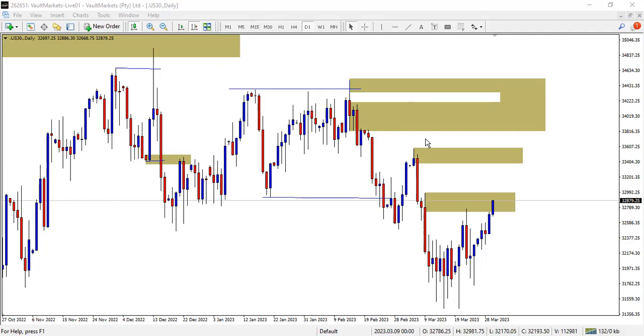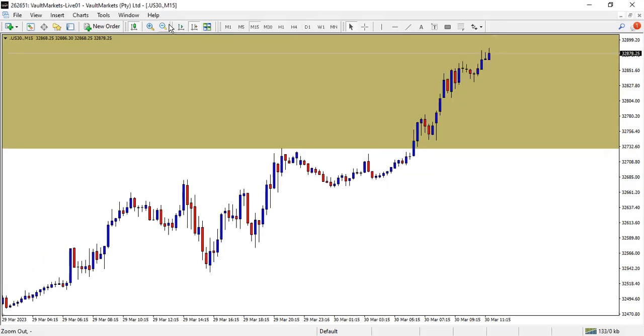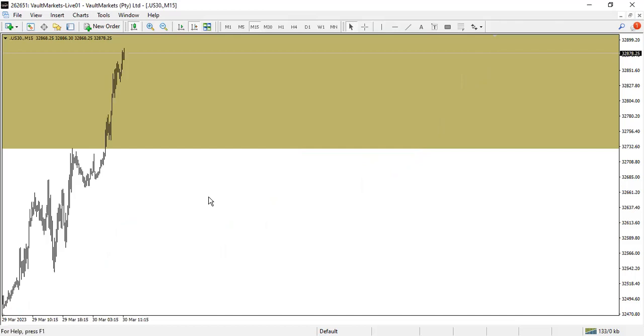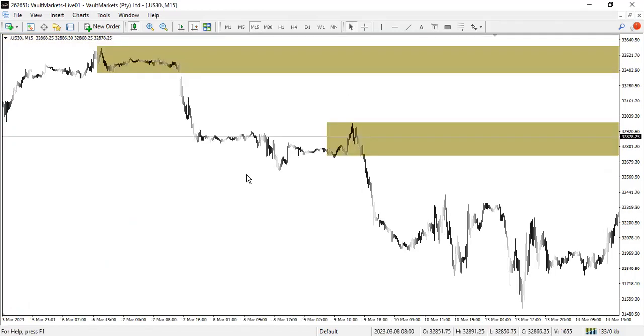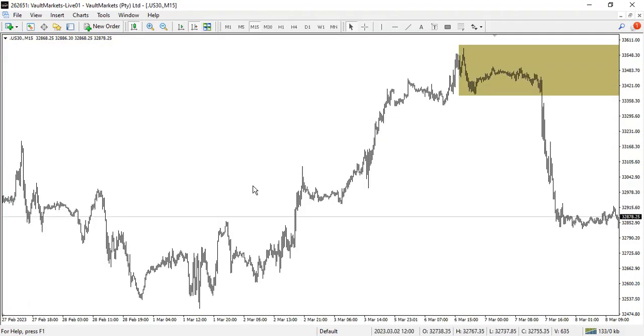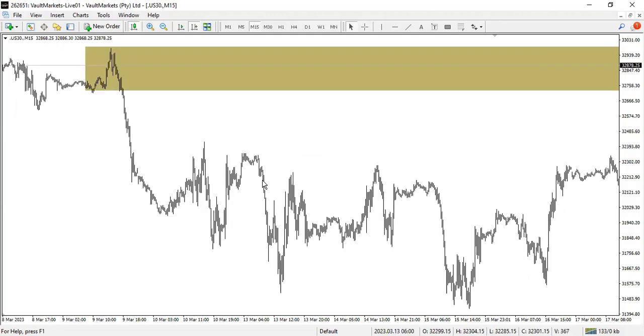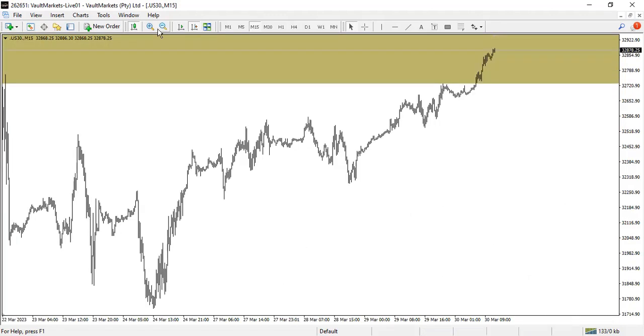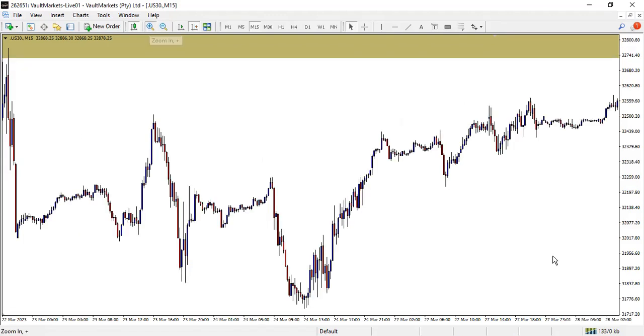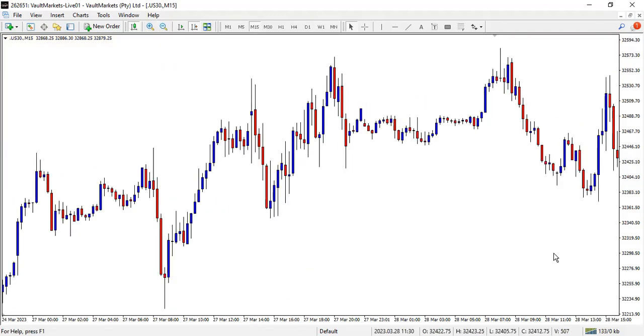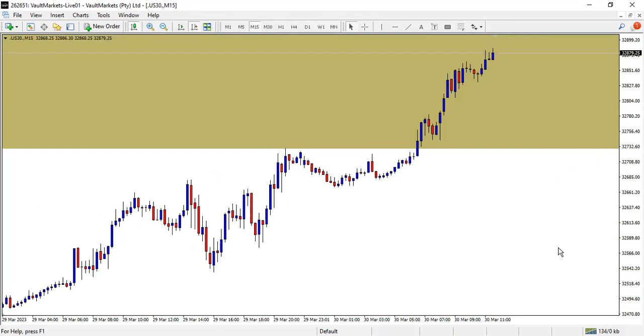Now on M15, because we identified those important zones on H4 and D1, let's look at the current price action on M15. You will notice again that I did not remove all the markups, right? Now, this is M15.